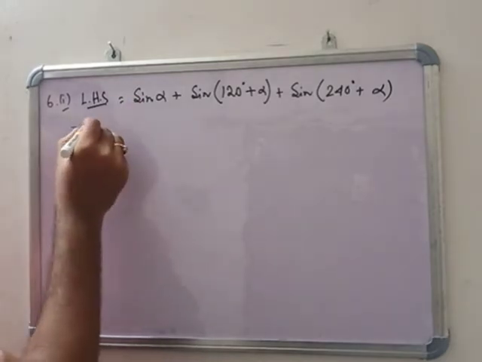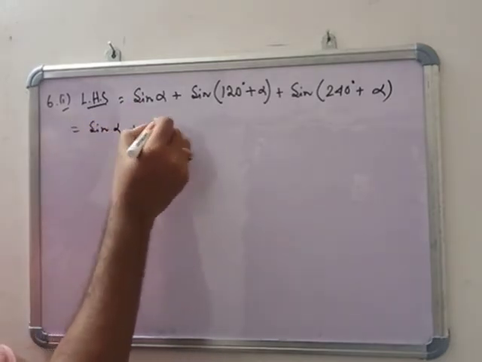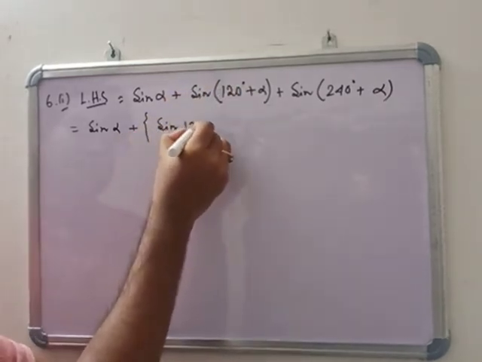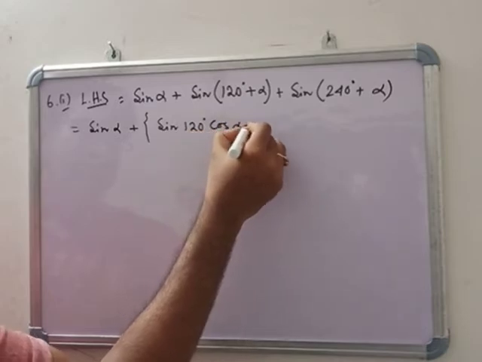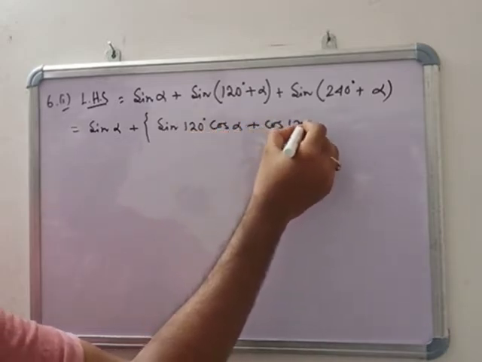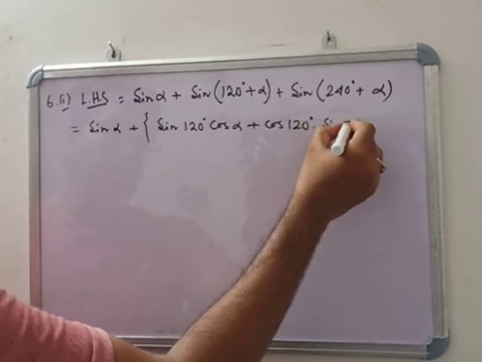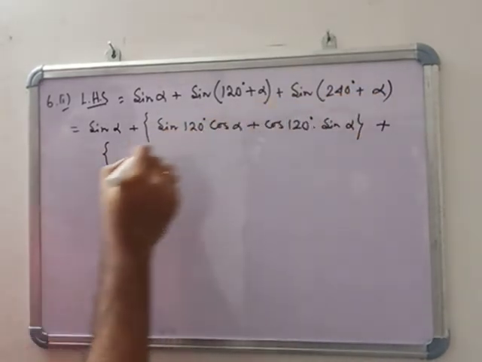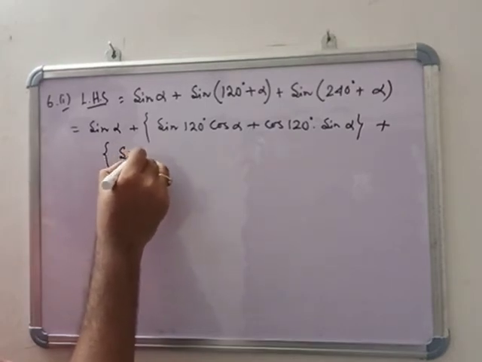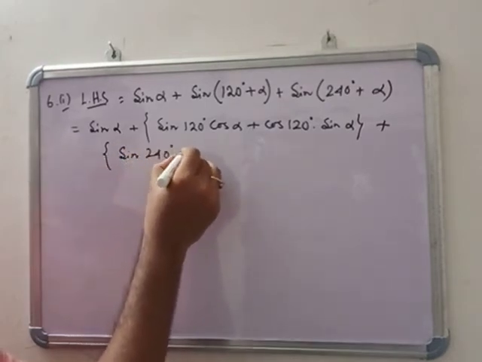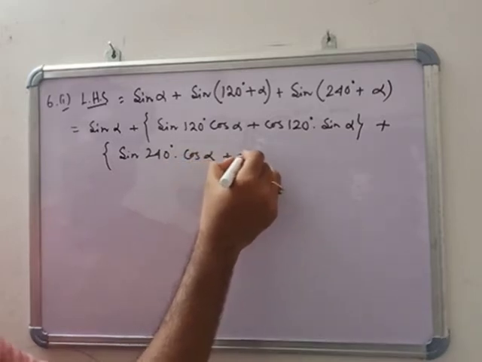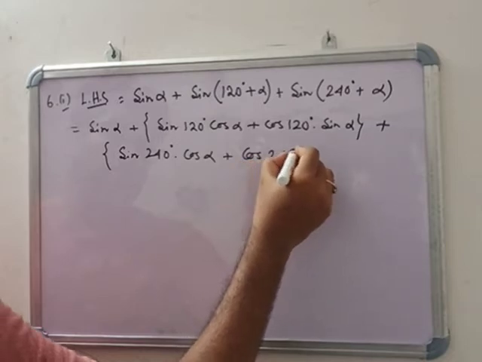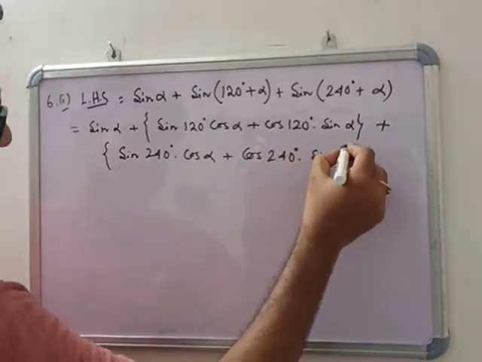So if we write, then sin alpha plus sin A plus B, that means sin A cos B plus cos A sin B. Similarly for this one also, here 240 plus alpha is given, sin 240 cos alpha plus cos 240 sin alpha.